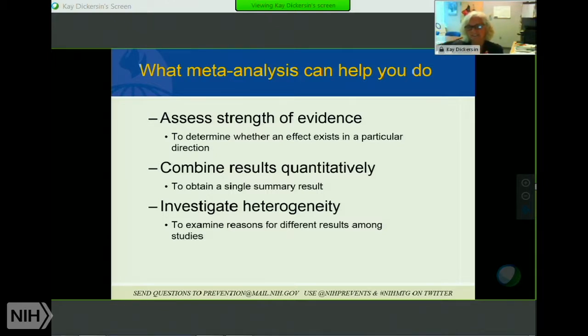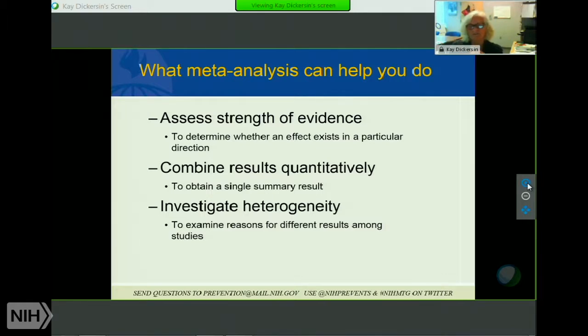So meta-analysis, that is the quantitative synthesis that I described, is very helpful sometimes. It can help you assess how strong this evidence is and whether this effect appears to be real or not and in what direction it's going. It allows you to obtain a single summary result. So smoking affects heart attack exactly, puts you at this risk. You could get a summary result and confidence intervals.